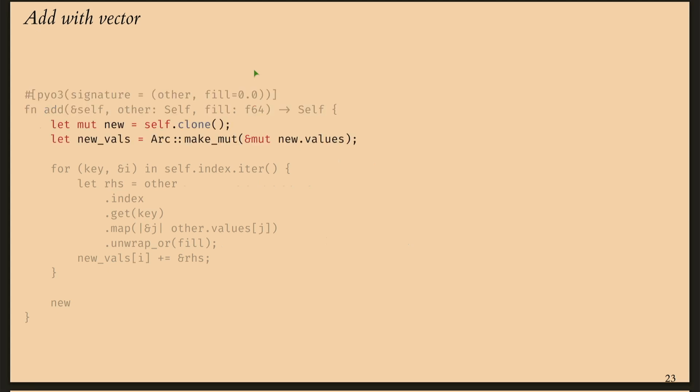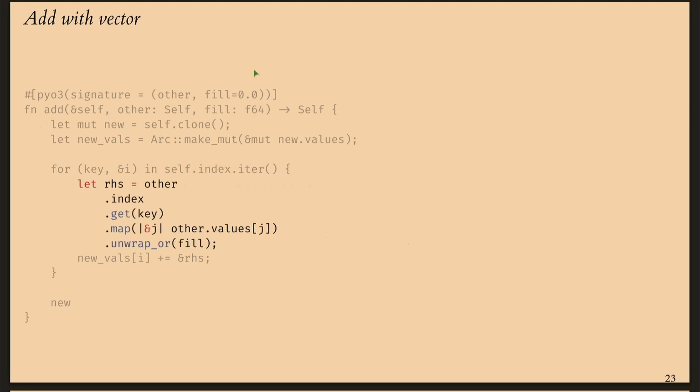And just for completion's sake, this is our add. We do kind of the same thing. We mutate our new values, and then I do a for loop over the indexes. I have to do it over the indexes because we have to look up the keys in the new dictionary, because we don't know if the order stayed the same, right?